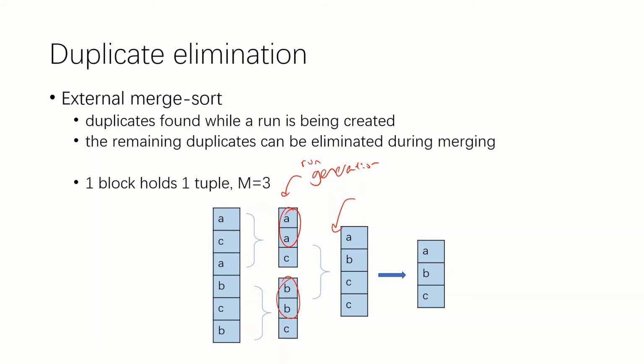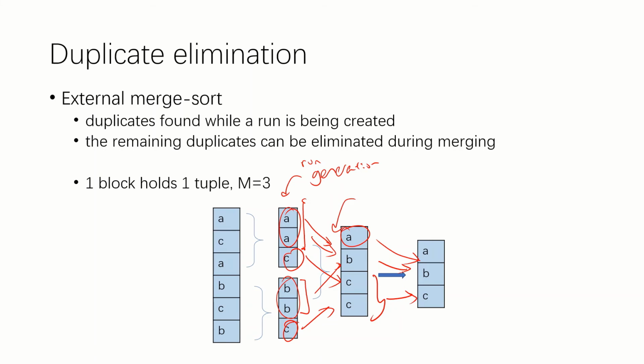You notice over here that you remove the duplicates from this part first and this part first, but the duplicate for C is not removed. The duplicate for C is only removed at this step. So something to take note of.